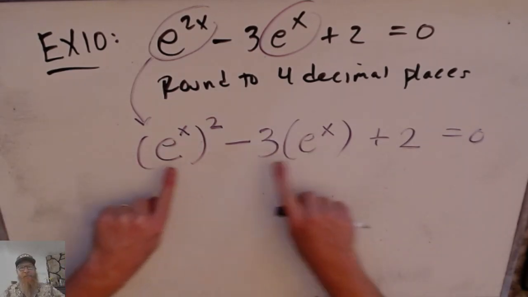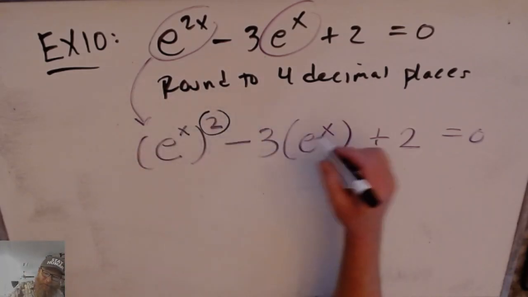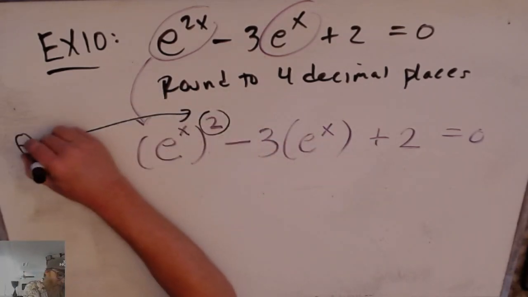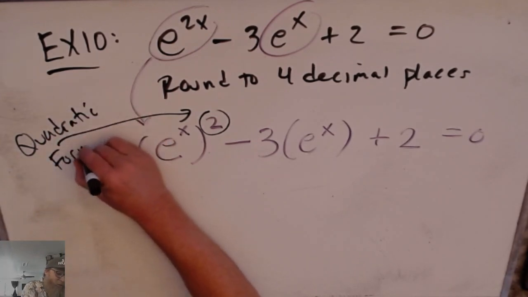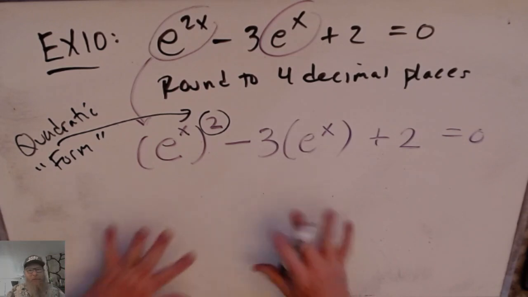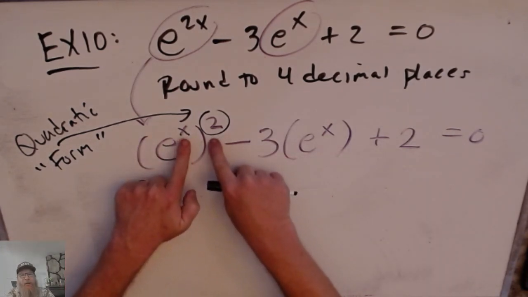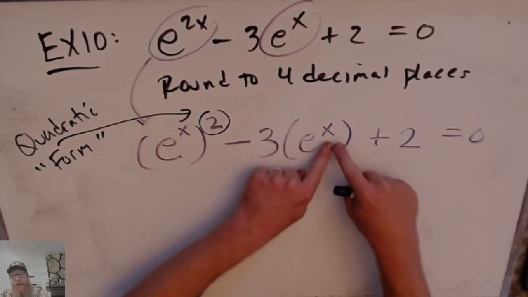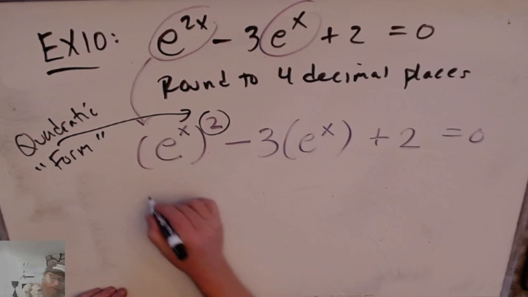I'm going to switch back to my normal high contrast color here. I don't know about you, but this is a quadratic equation. You see it? We call this a quadratic form because it resembles a quadratic equation. This is like your x squared, and this is like your x, and this is your constant.